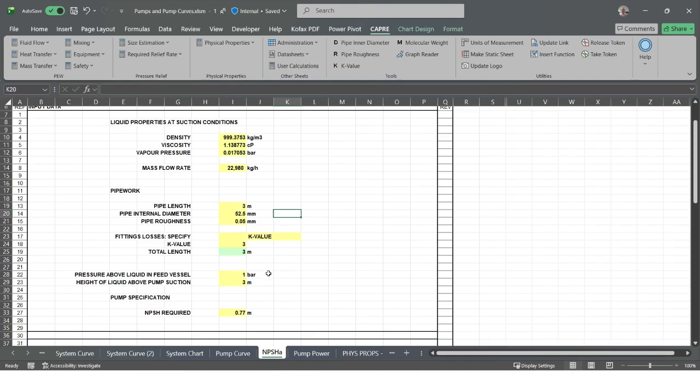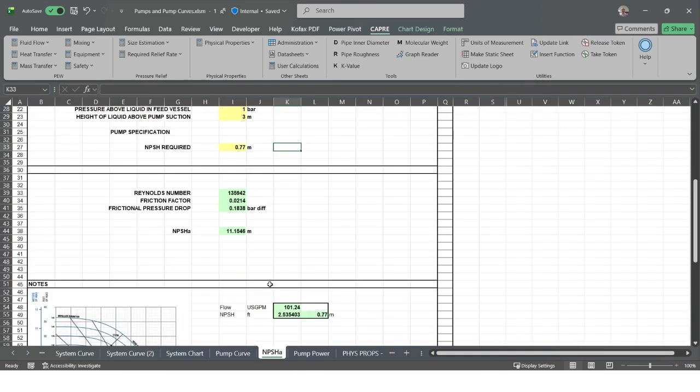The pressure above the liquid in the vessel is atmospheric, so 1 bar absolute. We've got 3 meters worth of liquid above that pump suction, so 2 meters worth of pipe, 1 meter in the vessel. And then we need to understand what the NPSH required is.